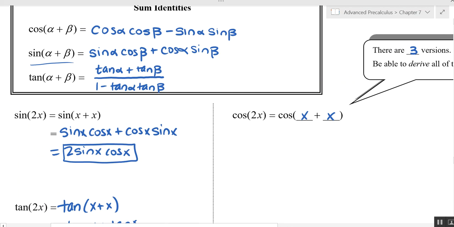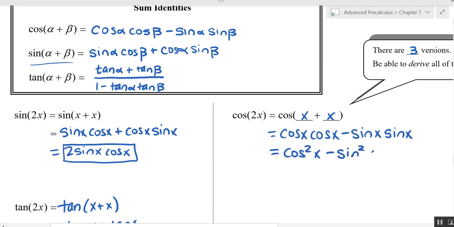And we'll use the identity above, and we get cosine x cosine x minus sine x sine x. Or obviously cosine squared x minus sine squared x. And that's your first of the 3 versions of the double angle identity for cosine.